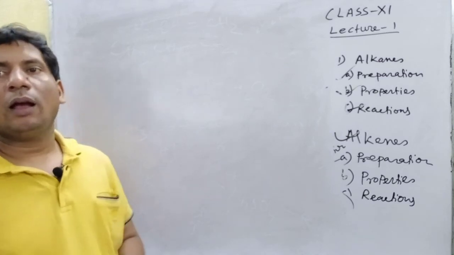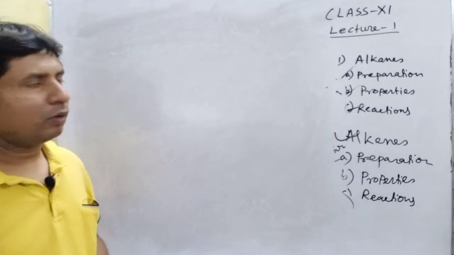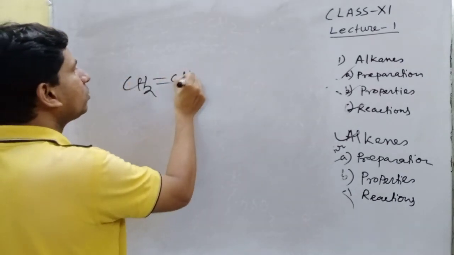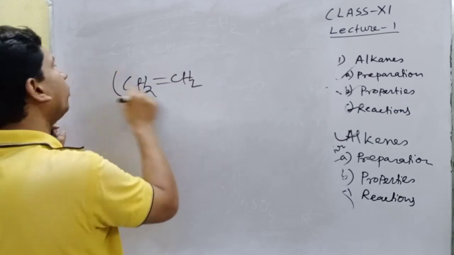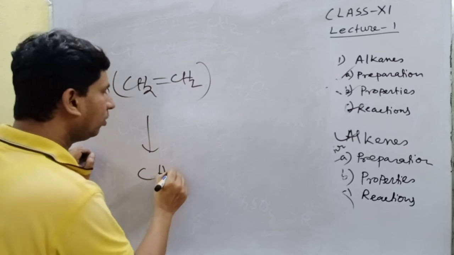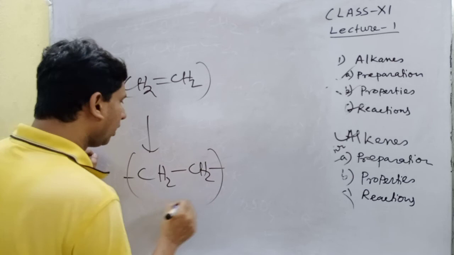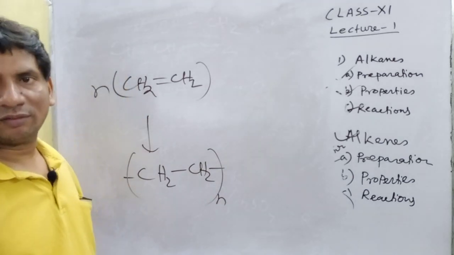Clear? And what is the polymerization reaction? Ethene, CH2 double bond CH2, can polymerize. n number of ethene can form CH2 CH2 with n. This is known as a polymerization reaction.